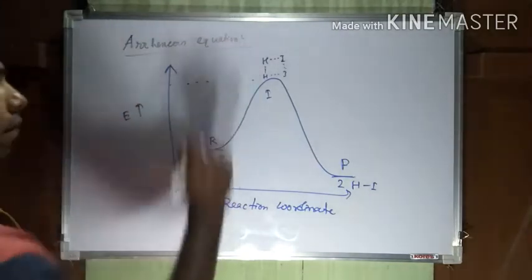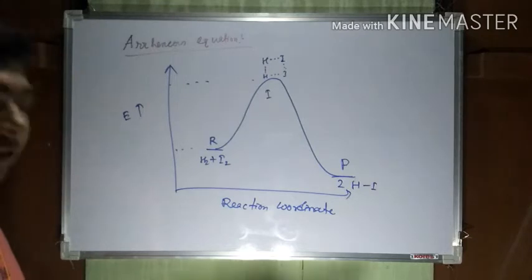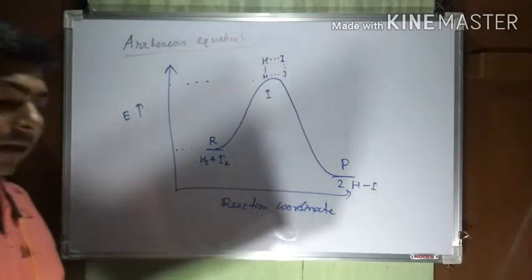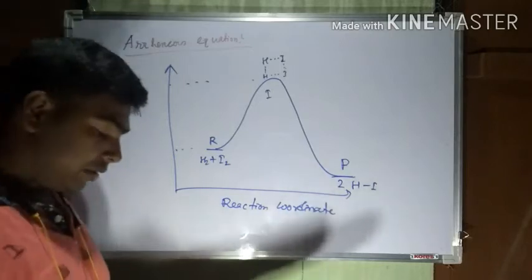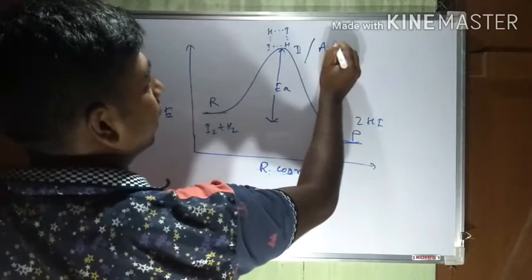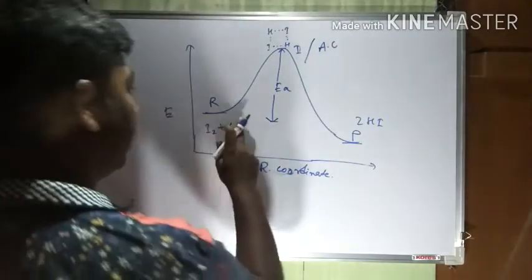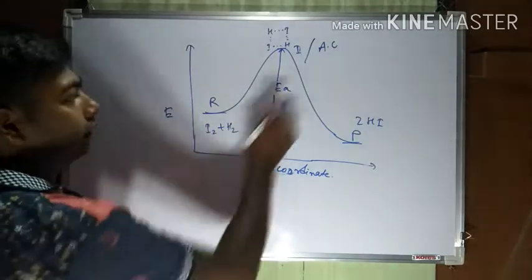Due to this high energy, the intermediate is highly unstable and exists for a very short time. Next, the energy difference between this intermediate, or activation complex, and the reactant is known as the activation energy.